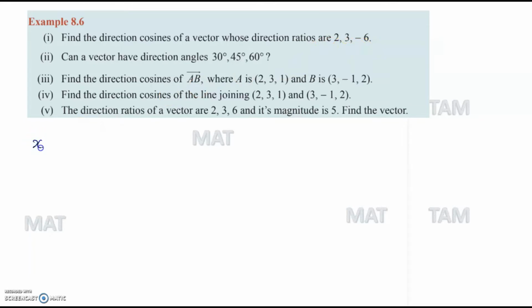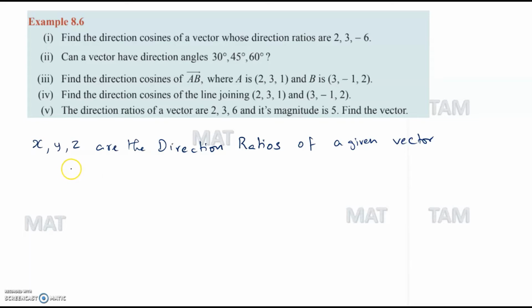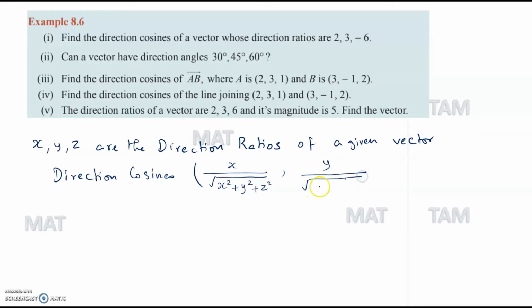So we know if x, y, z are the direction ratios of a given vector, then our direction cosines will be x by square root of x squared plus y squared plus z squared, y by square root of x squared plus y squared plus z squared, z by square root of x squared plus y squared plus z squared.